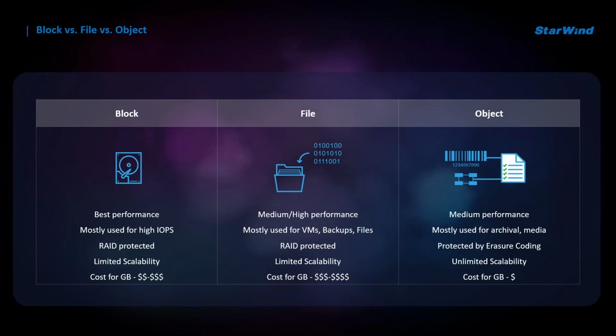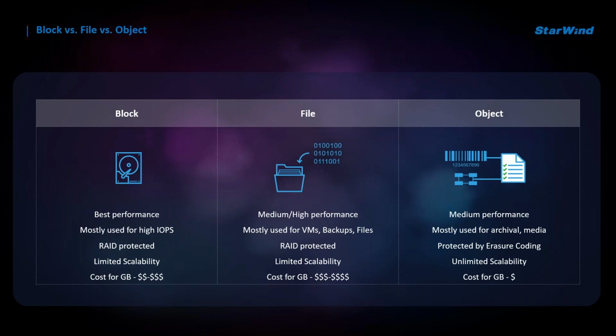And here comes the object storage. It usually delivers medium performance, even in some cases low performance. Currently it's mostly used on the market as the archive tier for your data or for media, for example. It's protected by erasure coding, thus we can scale our cluster to infinity and beyond.